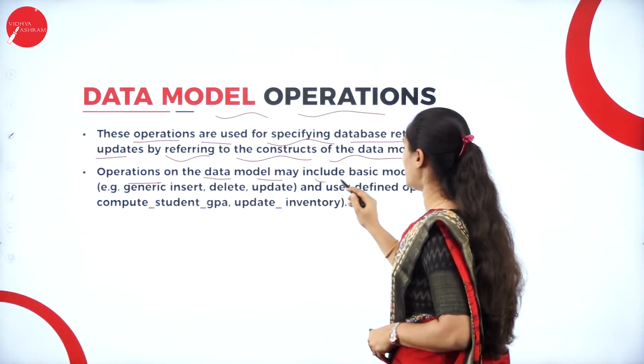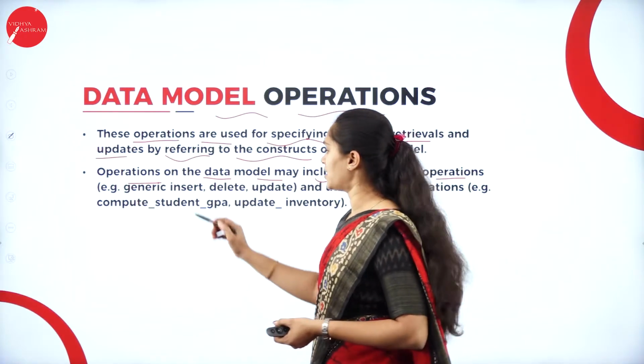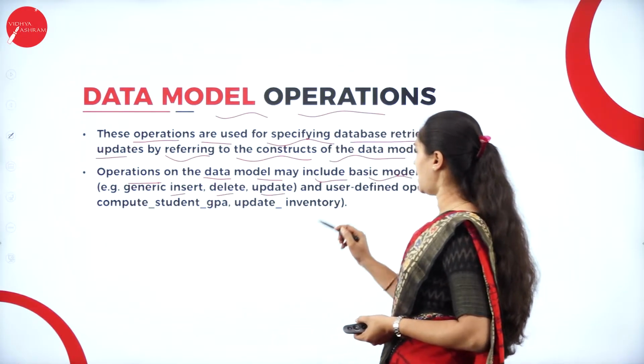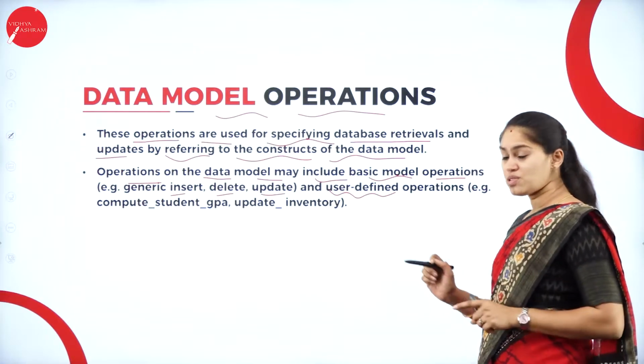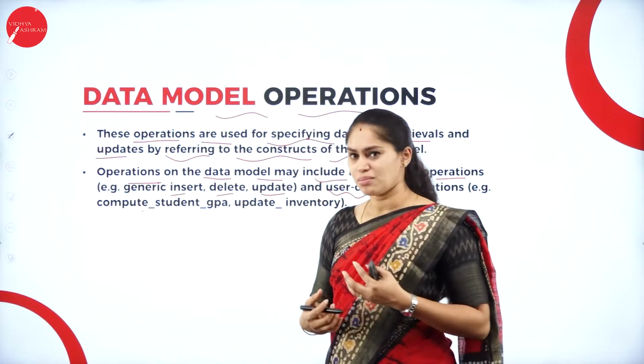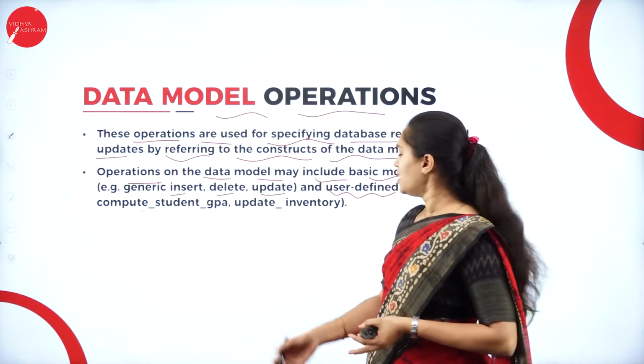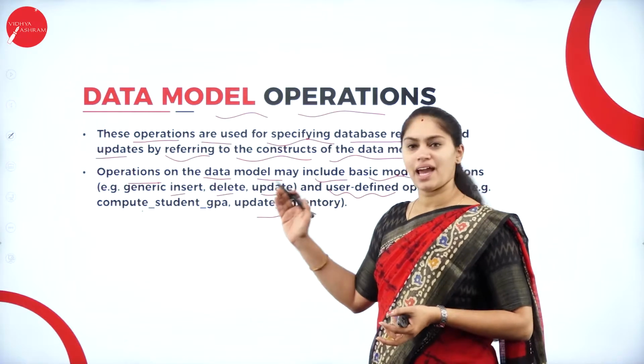Operations on the data model may also include basic model operations, like inserting, deleting, and updating. And there are user-defined operations, such as computation of student marks or computation of the salary of an employee. Those can also be taken as examples.